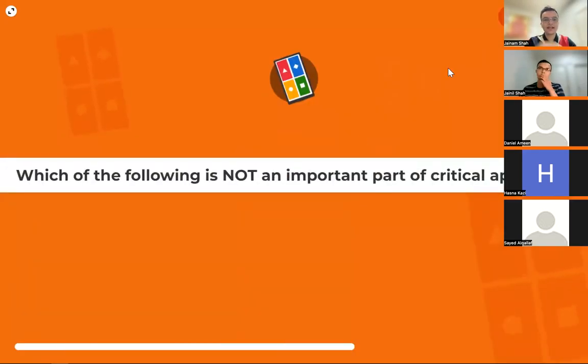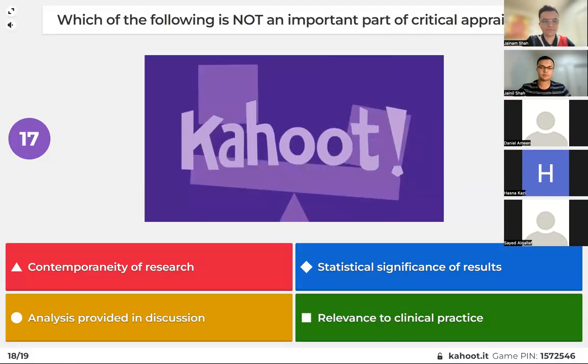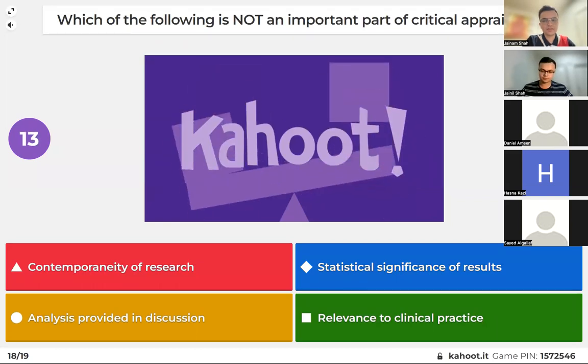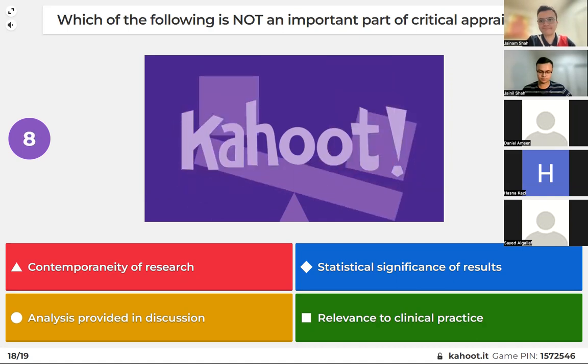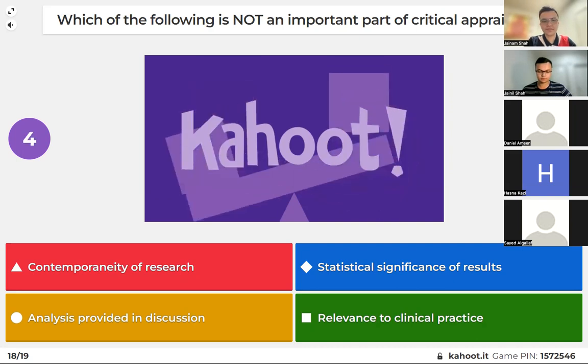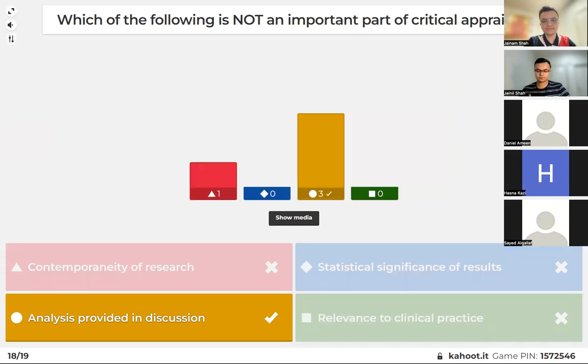Last two questions. We're just ending off on a little bit of critical appraisal. Which of the following is not an important part of critical appraisal? All right, good.